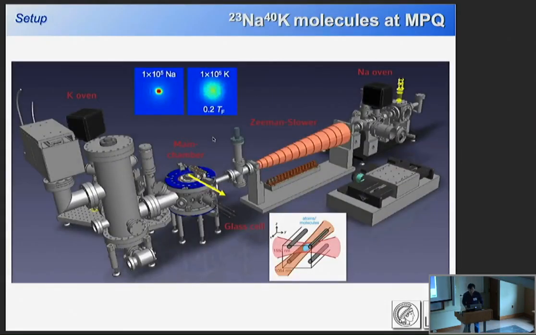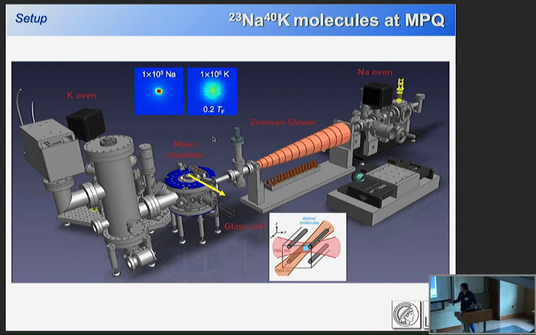Our setup at MPQ started around 9 years ago. It's a typical cold atom setup. After a lot of work and optimization, we can produce doubly degenerate cold atoms with 10^5 sodium and 10^5 potassium at 20% of the Fermi temperature.